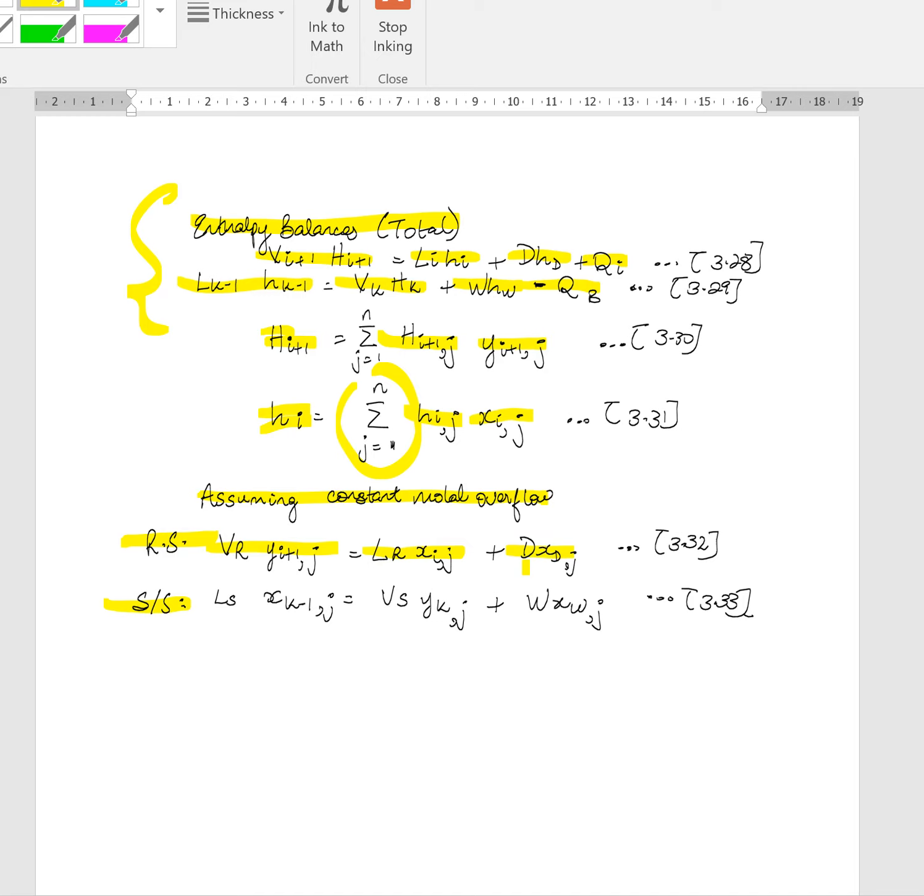And in the stripping section, we have LS xk minus 1 j is equal to Vs ykj plus W xWj. The method of applying the given relationships that we developed would be by tray-to-tray calculations or the Lewis-Matheson method. We will take a look at that in our next lecture.